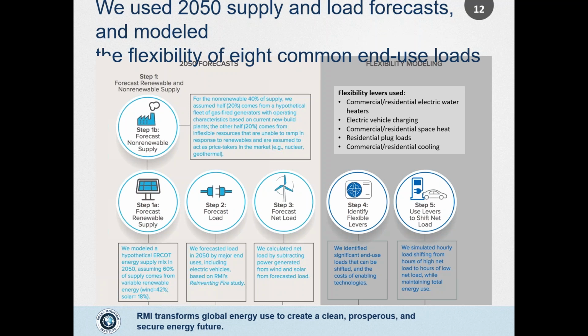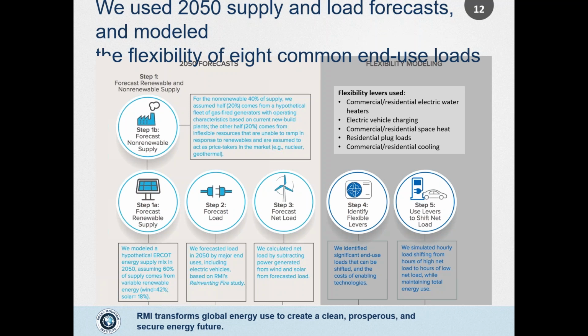We used Rocky Mountain Institute's 2012 Reinventing Fire analysis to forecast the load by major end use in 2050 to parameterize the loads from each of the end use levers we used in the model. And this load forecast also integrated the additional load that we're expecting to see from electric vehicles.